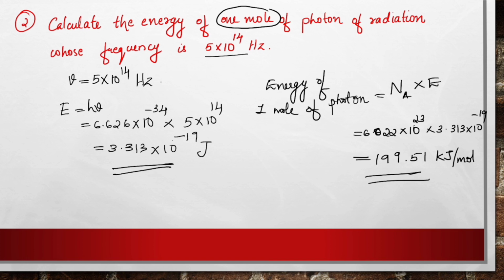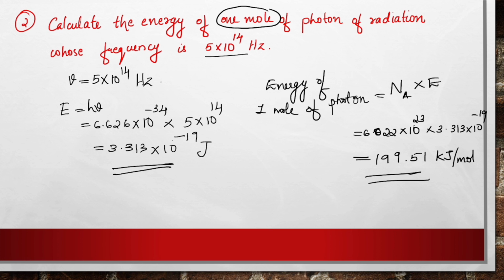So in today's class we studied about the limitations of electromagnetic theory, then black body radiation, how the intensity and temperature are related in the emission of radiation. Next important thing was Planck's quantum theory, the postulates and the assumptions, and also the main equation: energy is emitted in the form of quantum, that energy is equal to h nu.